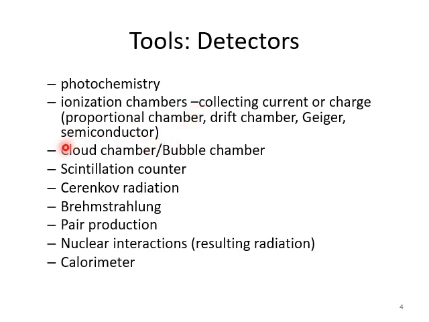A cloud chamber, I'll show you some images for this in a couple of slides, is one in which you make a vapor which has a very high density of material that could condense, but it needs something to nucleate on.